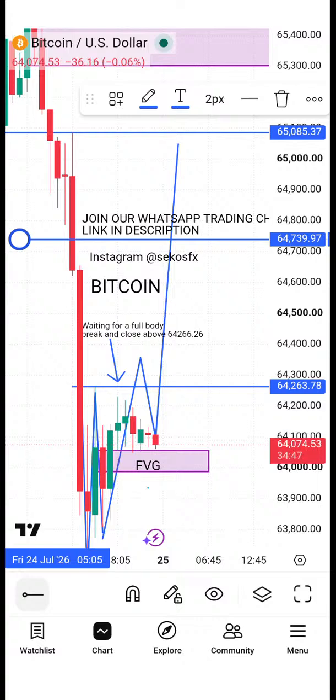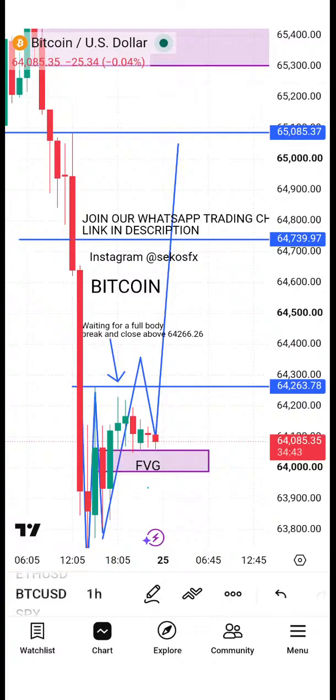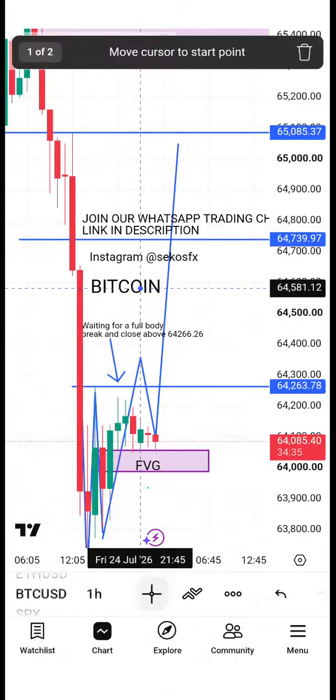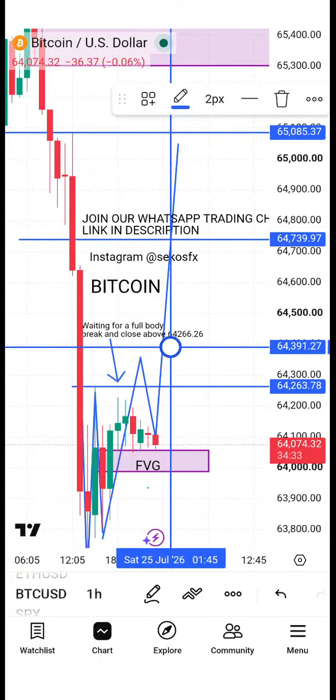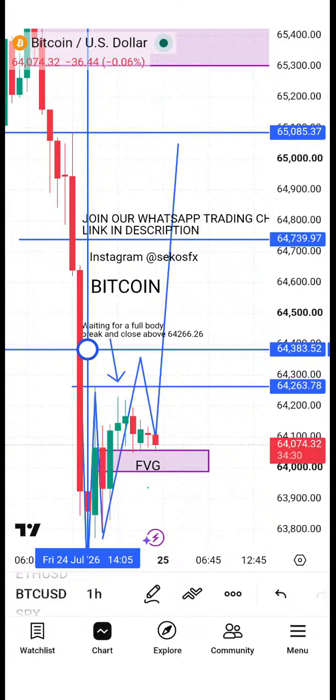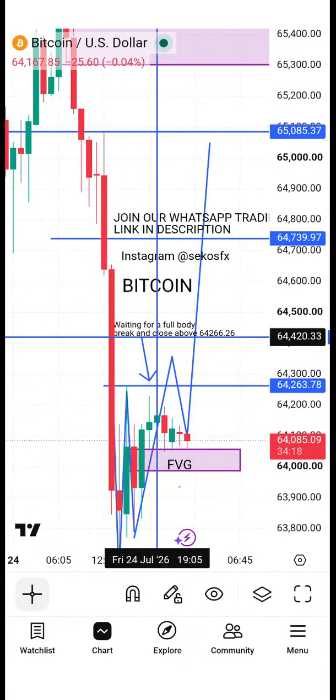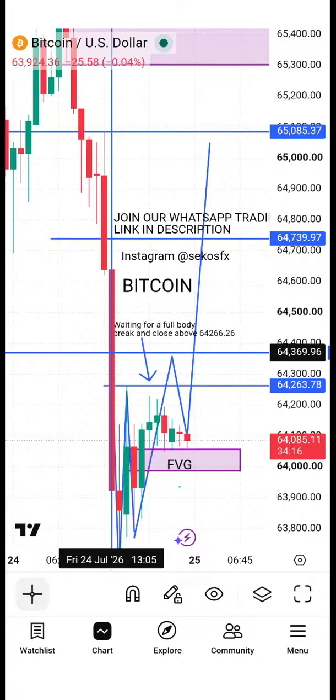Friday 24 candle. Okay, let me see. Friday 24 candle. Now this one.